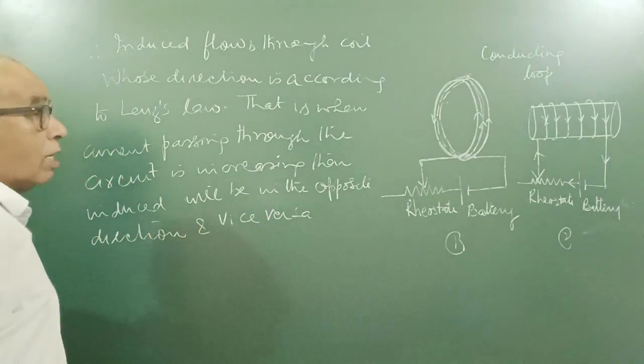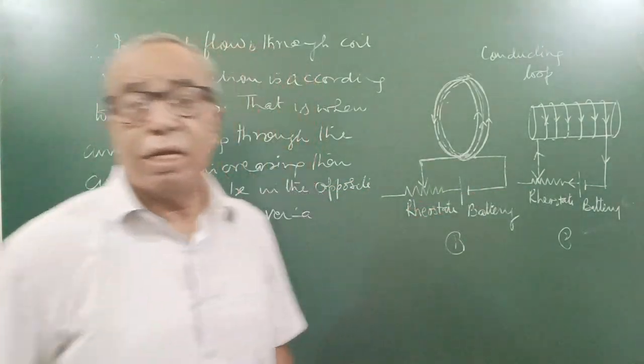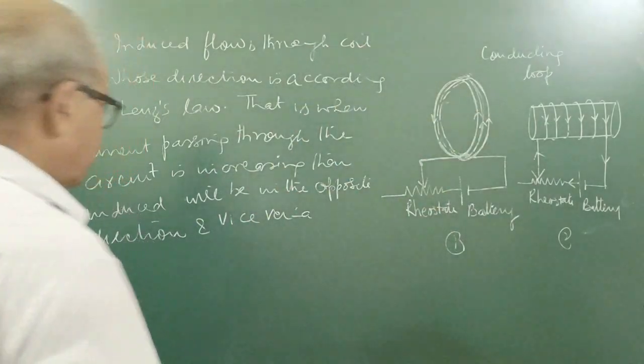Means when the current is decreased by moving the rheostat this way, then the induced current flows in the same direction.